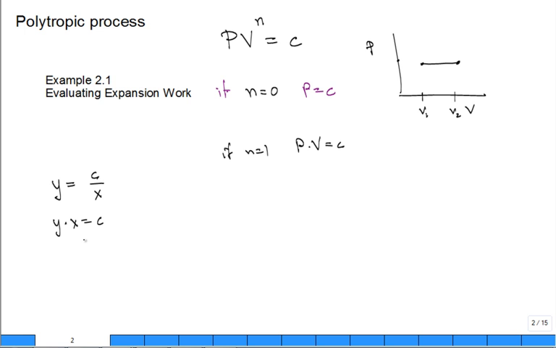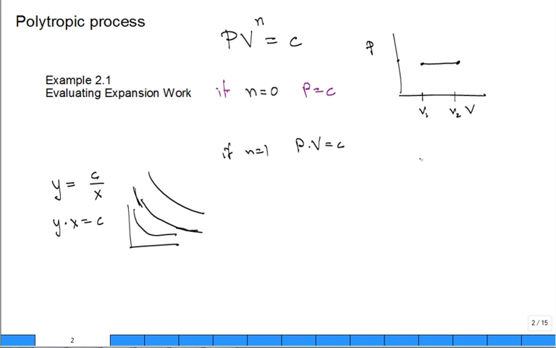Rational? That doesn't ring a bell with me. Anybody else? What type of shape does it have? It asymptotes to the axes and curves like that. Depending on the constant, it can push it out or pull it in. Hyperbolic. Yeah, that's the name that I remember. Hyperbolic. Don't worry, it's not on the quiz.